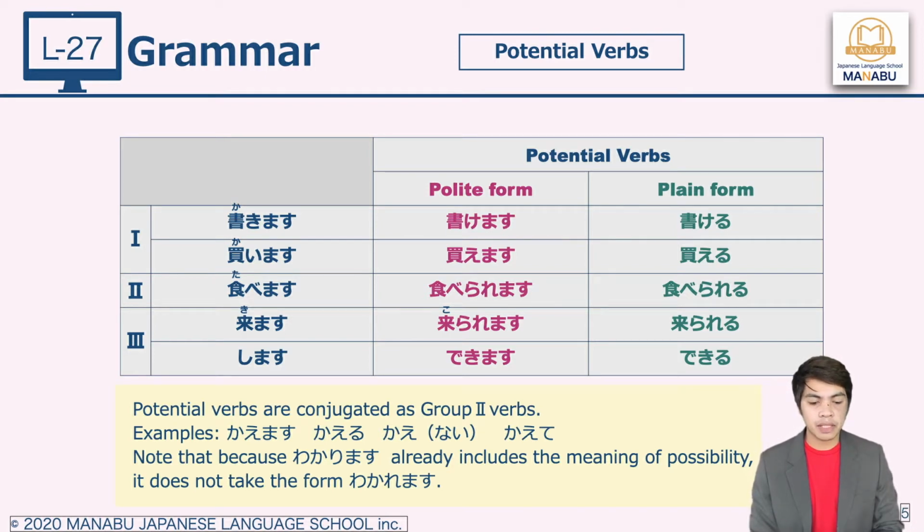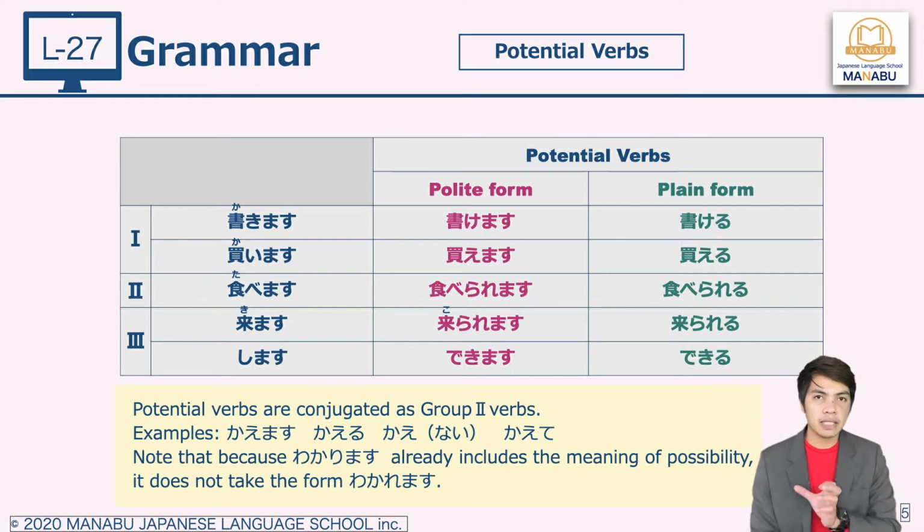And for the group 3 verbs, let's start from the group 3 verb kimasu, to come. So from kimasu, it will become koraremasu for the polite form, and for the plain form, korareru. Okay?